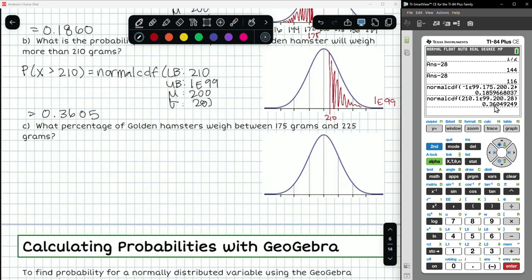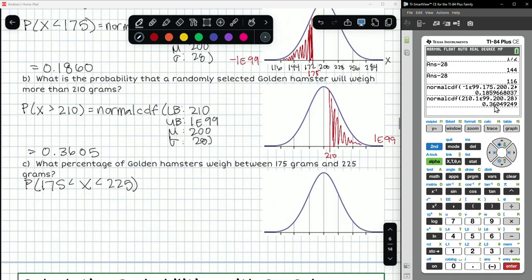Last one says, what percentage of golden hamsters weigh between 175 and 225? So 175 is just inside of 1 standard deviation on the lower edge, and 225 is just inside of 1 standard deviation on the upper edge. So already I know my answer is going to be less than 68% because I'm within 1 standard deviation of the mean.